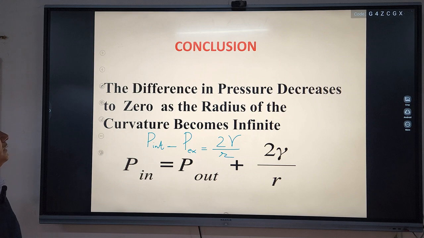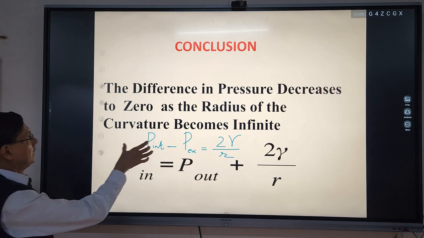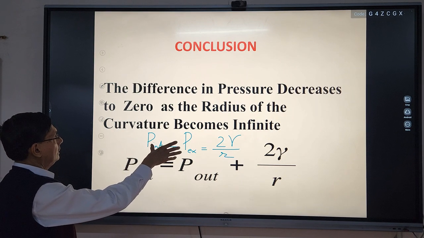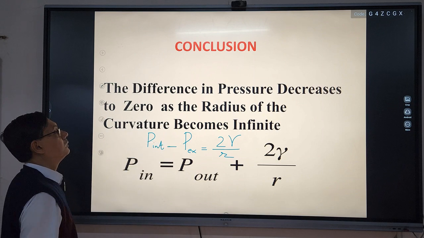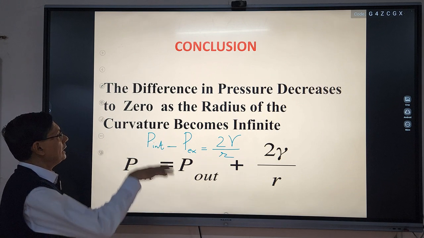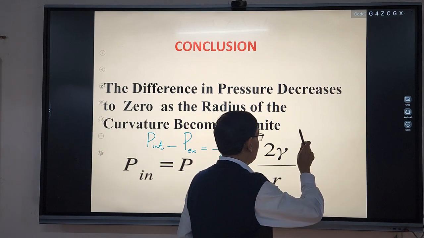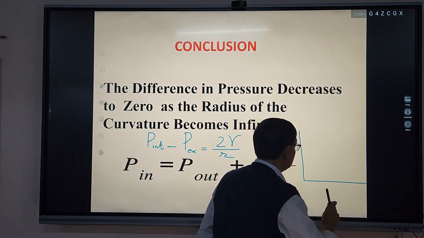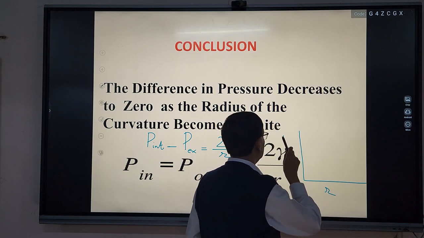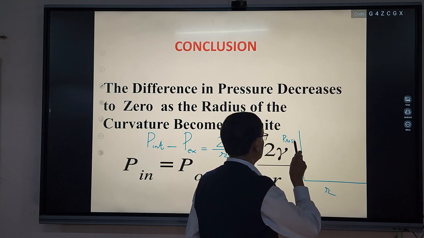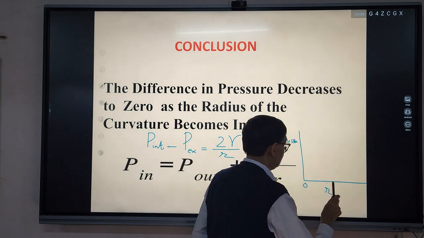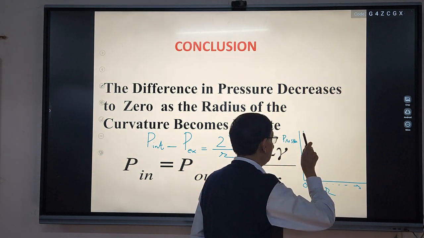So what does it mean? As the difference in pressure decreases to 0, the radius of curvature becomes infinite. That means if I plot a graph between radius and pressure, it increases like this.